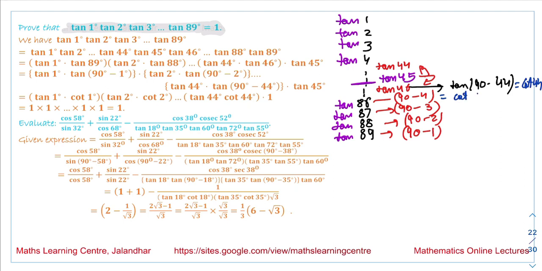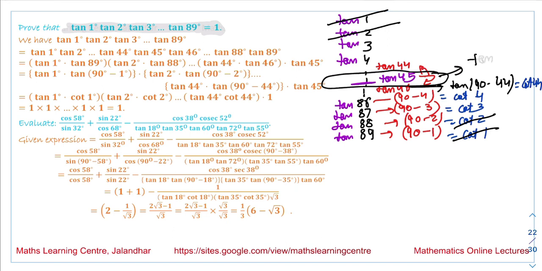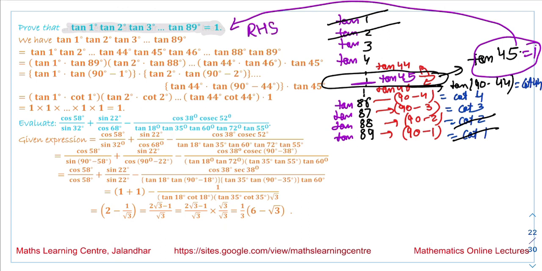Similarly we get cot of 4, cot of 3, cot 2, cot 1. Now all these terms are products. So tan 1 and cot 1 get cancelled, tan 2 and cot 2 get cancelled. What we are left with is only tan of 45, because all other terms will be cancelled out. And the value of tan 45 we know is equal to 1, and that is equal to the RHS.